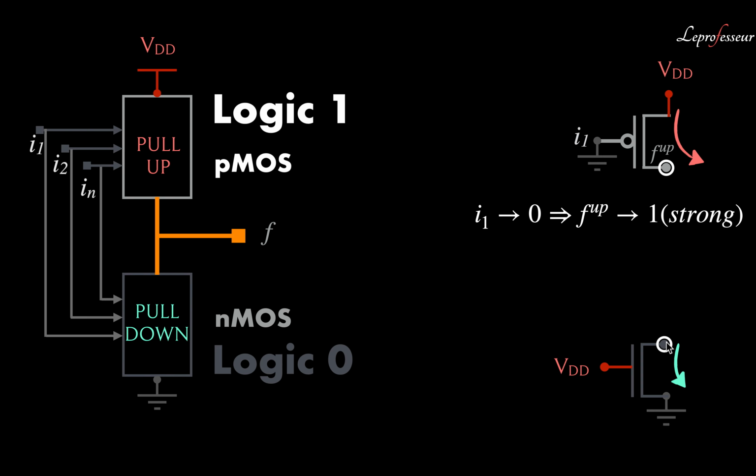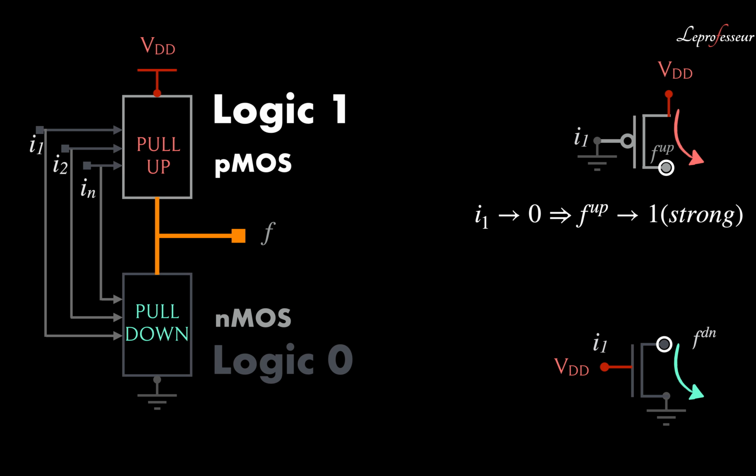Whatever charge was accumulated here will flow down to the ground, or electrons will flow down to the ground, and this will construct a conducting path. Or in other words, the output is pulled down to logic level 0. Good. And this produces a strong 0. So that tells us that we could use NMOS for constructing the pull-down network.